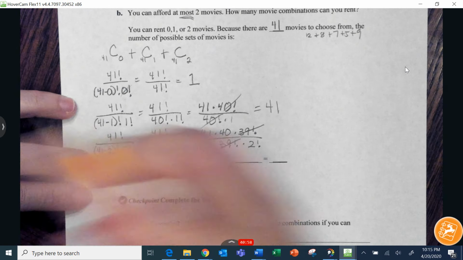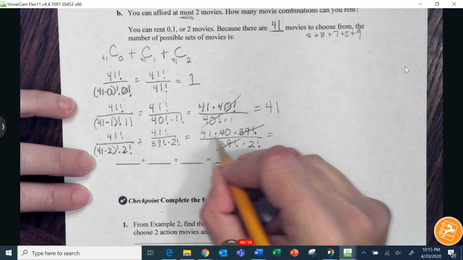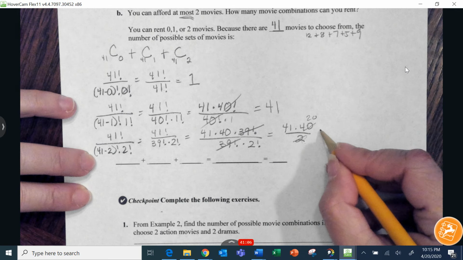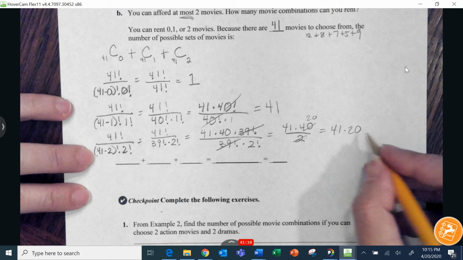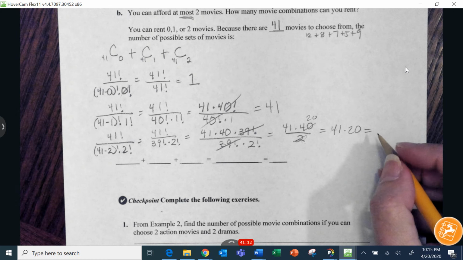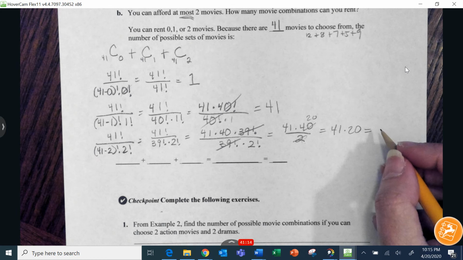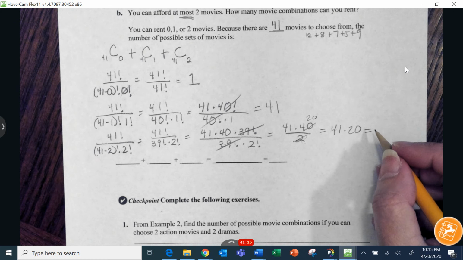So those cancel. I get 41 times 40 over 2, and I'm going to go ahead and cancel the 2 with the 40 and get 20. So really I have 41 times 20, which is on my other piece of paper. Oh, 820.